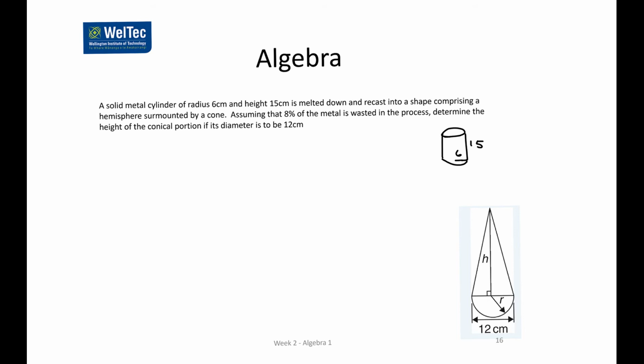So the volume of the cylinder is going to be pi r squared h, so that's going to be pi times 6 squared times 15, which is going to be 540 pi, and we'll give it a unit. Now we're going to lose 8%, so 92% of 540 pi is the volume of the new shape.